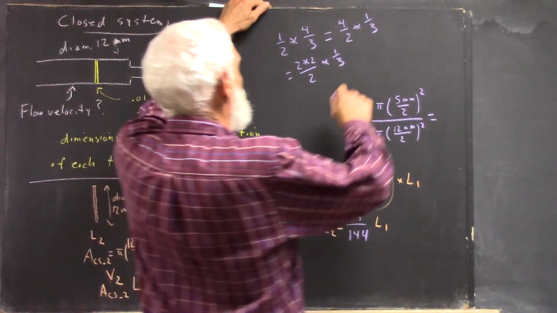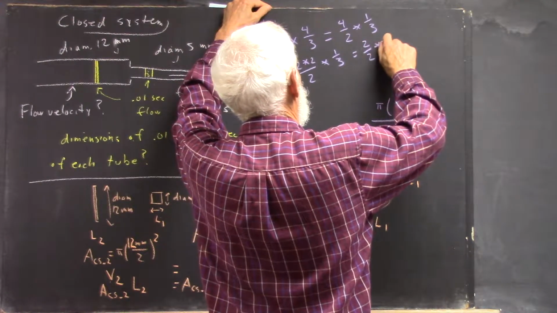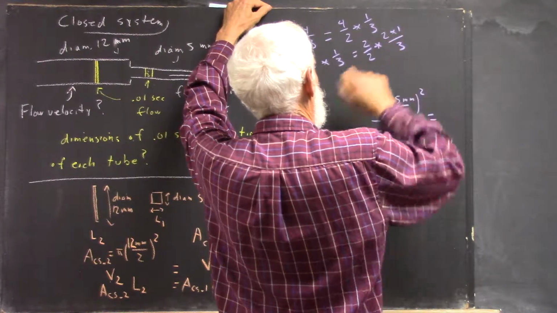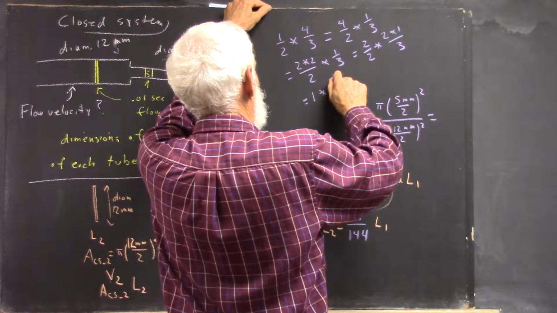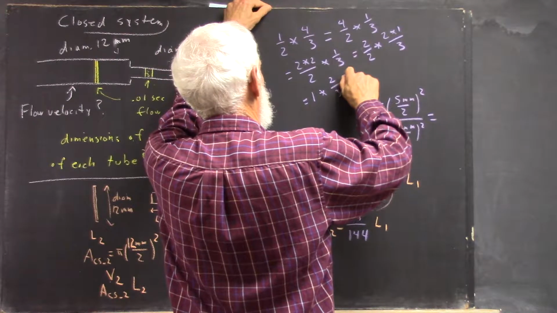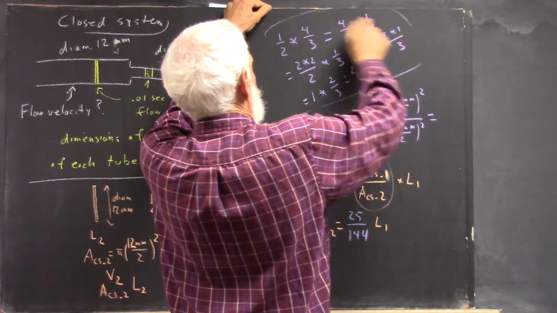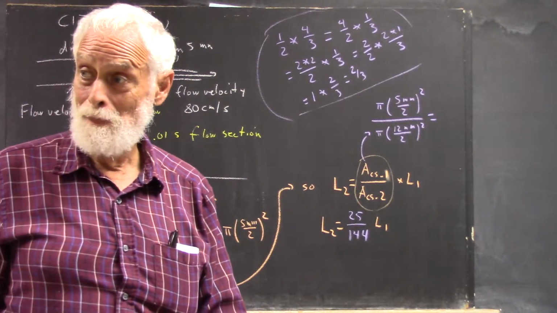And then I could write that as this, which equals 1 times 2/3, which equals 2/3. And I didn't have to cross out anything, right?